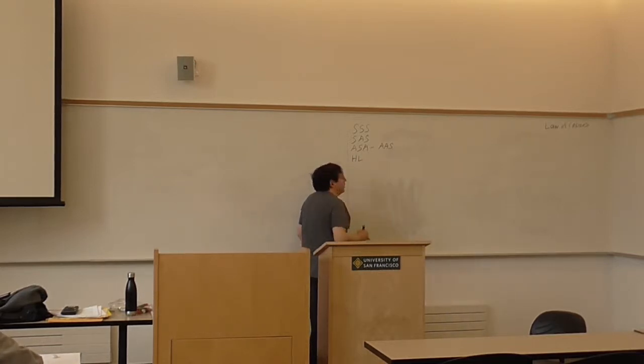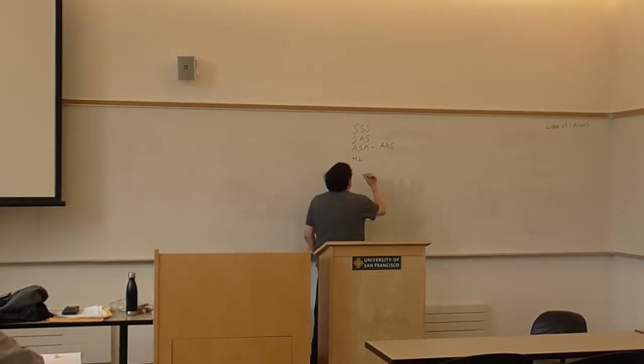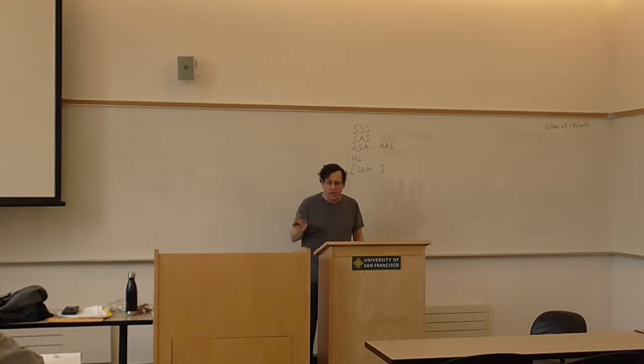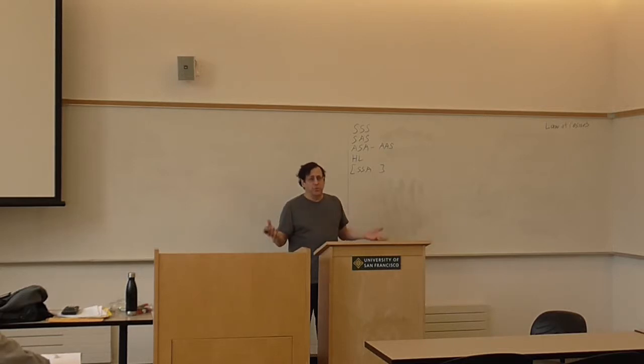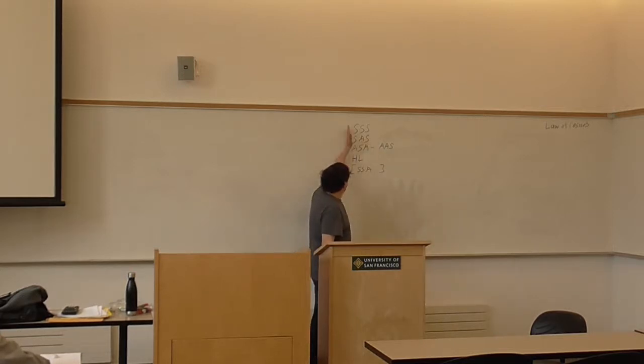HL, and then there's kind of a non-congruence, but it's still useful for us to look at, which is SSA. You may recall with SSA, sometimes you get a triangle, sometimes you get 2 triangles, sometimes you get no triangles. So we want to be able to deal with all these situations.